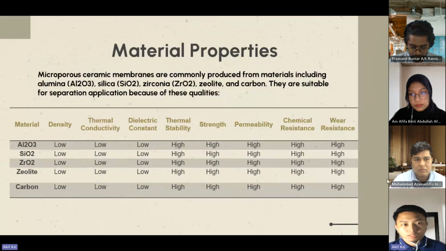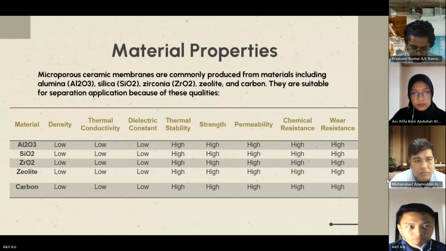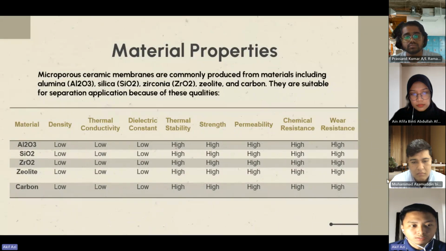Next is the material properties. Microporous ceramic membranes are commonly produced from materials including alumina, silica, zirconia, zeolite, and carbon. They are suitable for separation application because of these qualities.